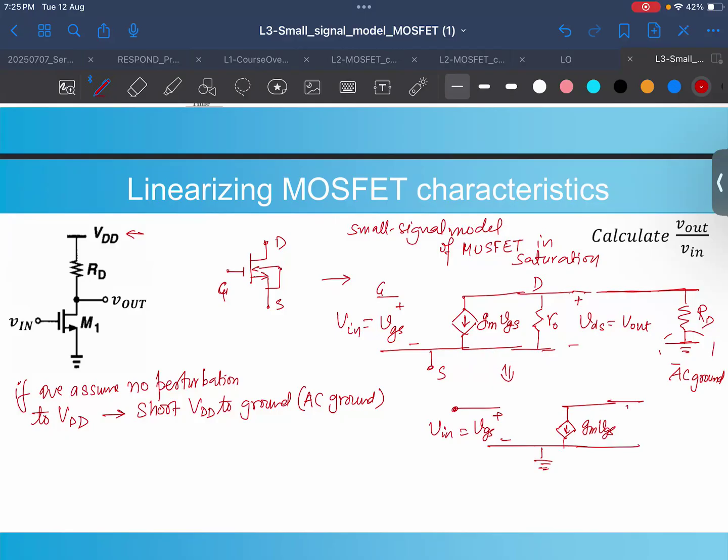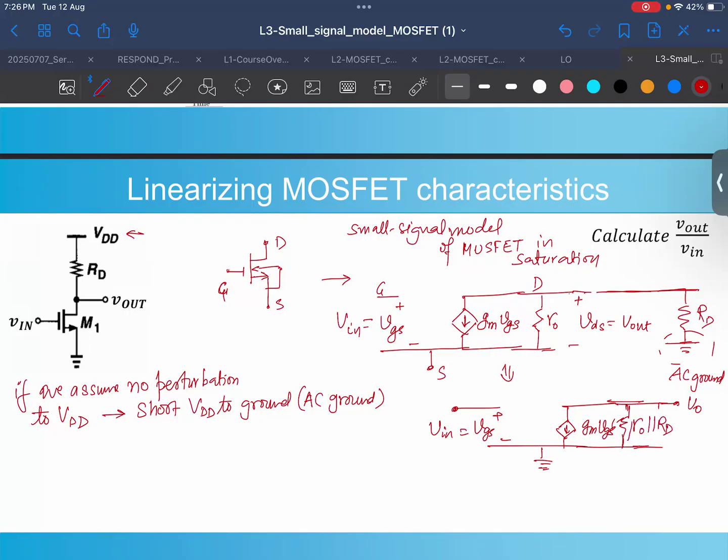You also get R naught because of the channel length modulation. Then we have RD, which comes in parallel to this. So this is your V naught. Now, what is V naught? V naught is the current flowing through this equivalent resistance. Because they are both in parallel, we can write this as R naught parallel RD.